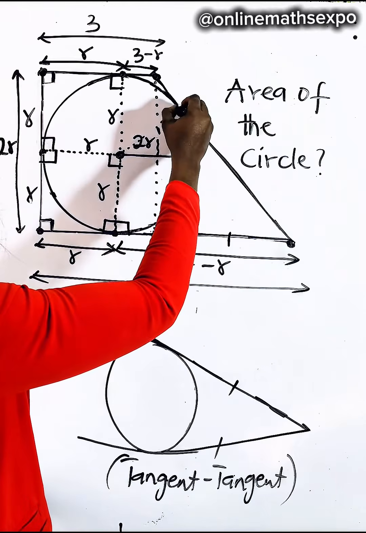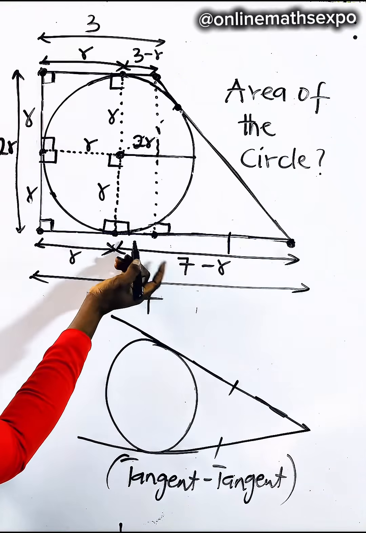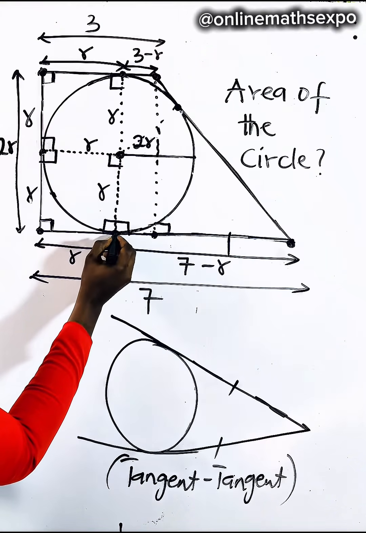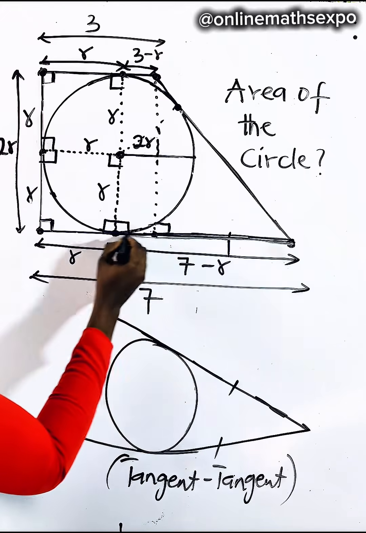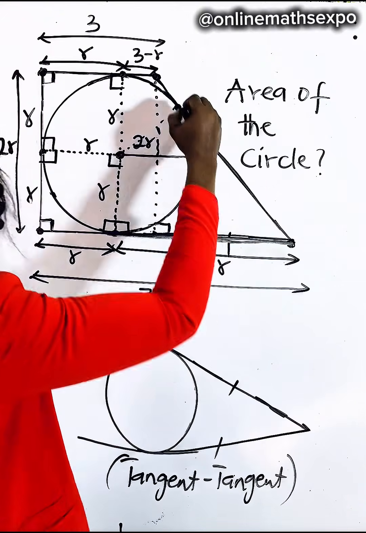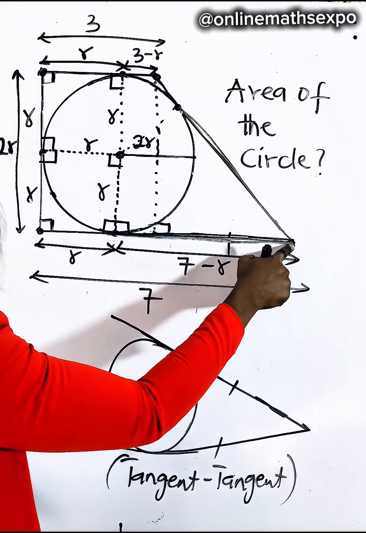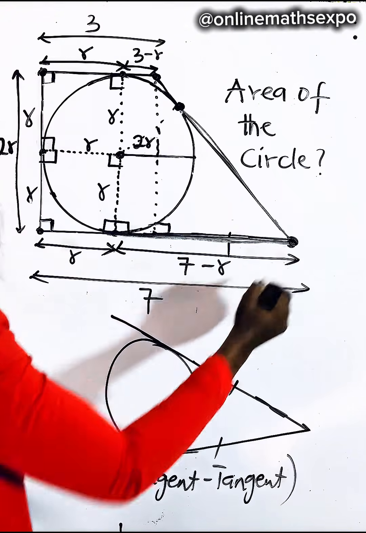And this tangent from here to here is the tangent line. Also watch, this is also the point where this touches this. This line is also your tangent. Did you see it? If this line is tangent with this, it means that whatever length you have from here to here should be the same with what will be from here to this point.